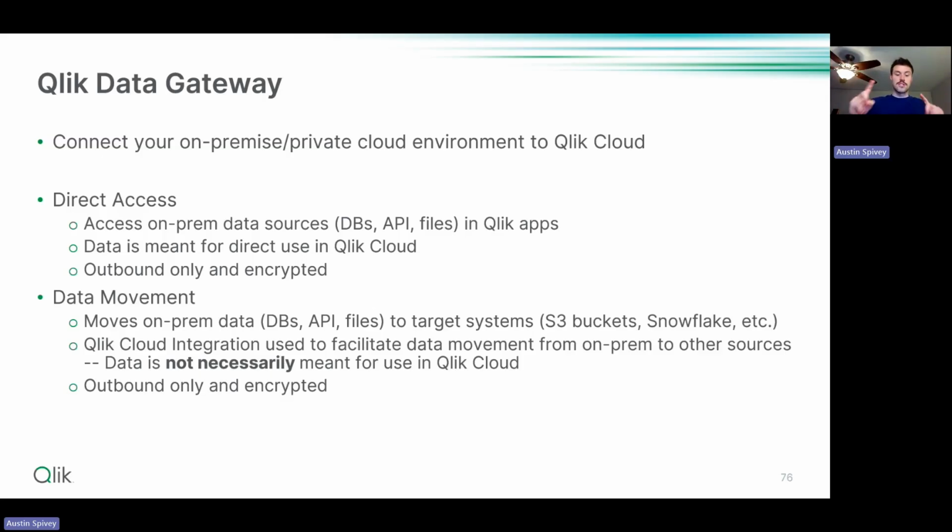Qlik Cloud is just pointing A to B: your data lives here, and I want to move it here. That does not mean it won't go through the cloud. As opposed to that first one I mentioned, direct access, which is intended to go directly, your data goes directly to Qlik Cloud for use there. So that's the difference between these.